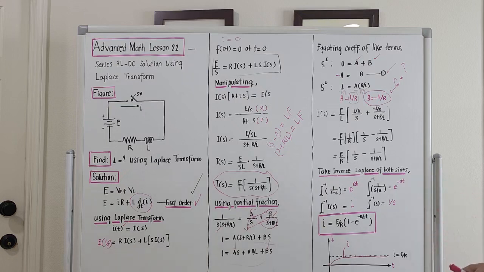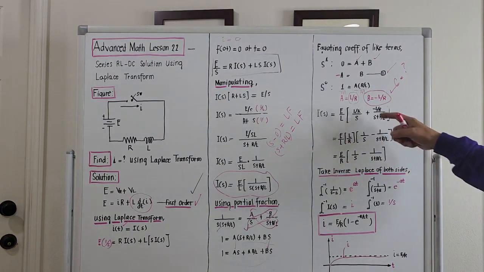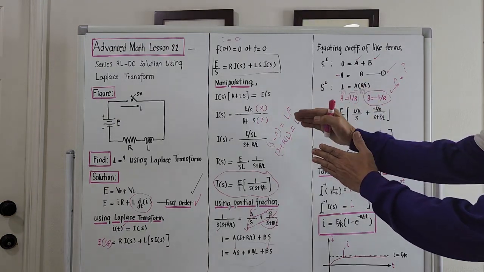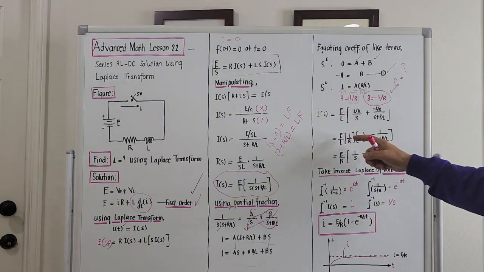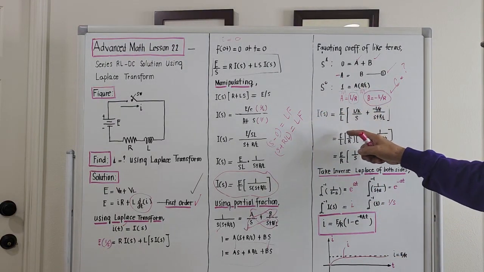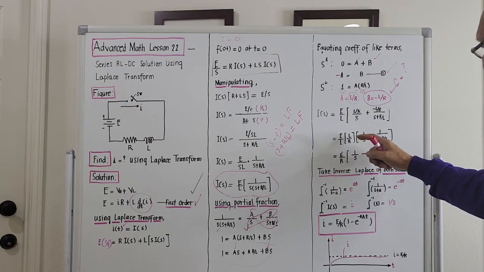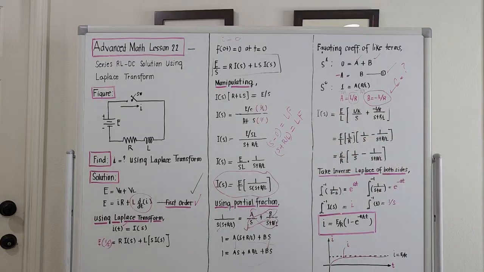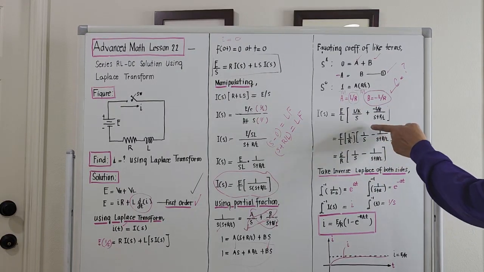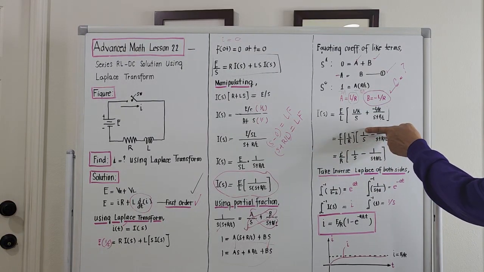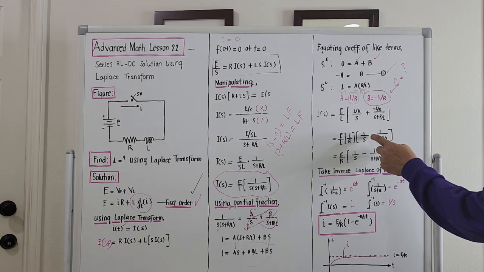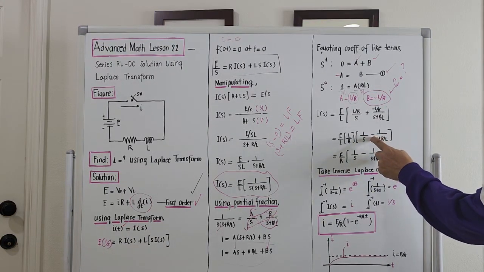So it will now be equal to E over L. There is a common factor L over R. We bring it out. So it will be E over L times L over R times the quantity. What remains inside, we bring out L over R, so what remains on the first one, on the numerator will be 1. On the denominator it says minus.